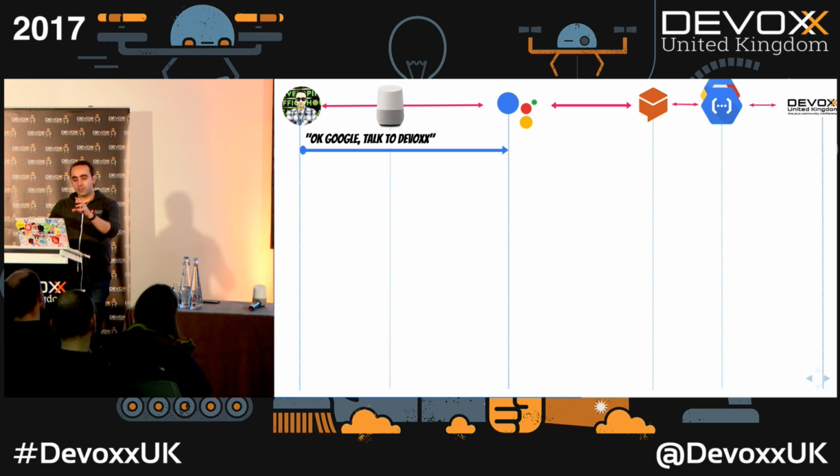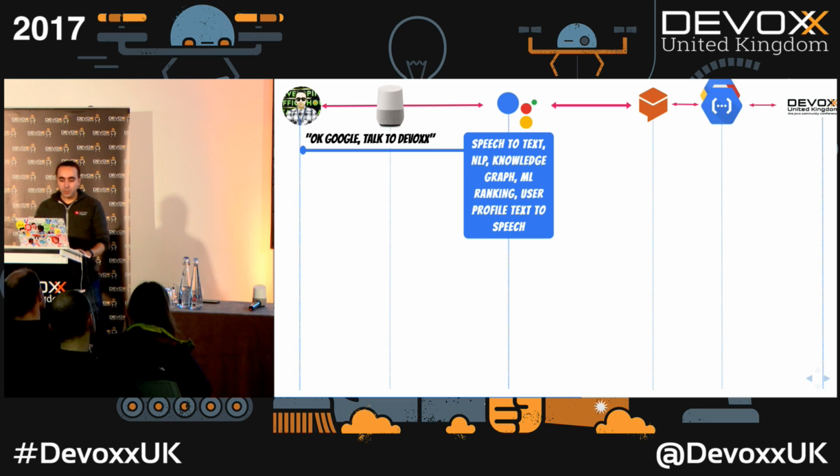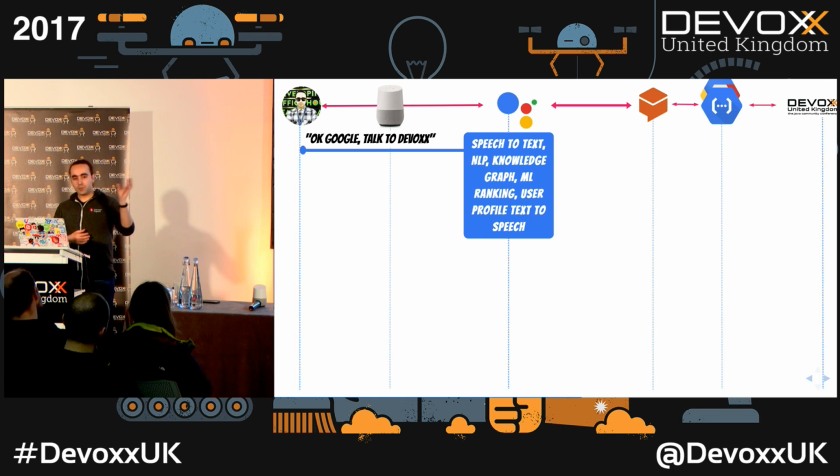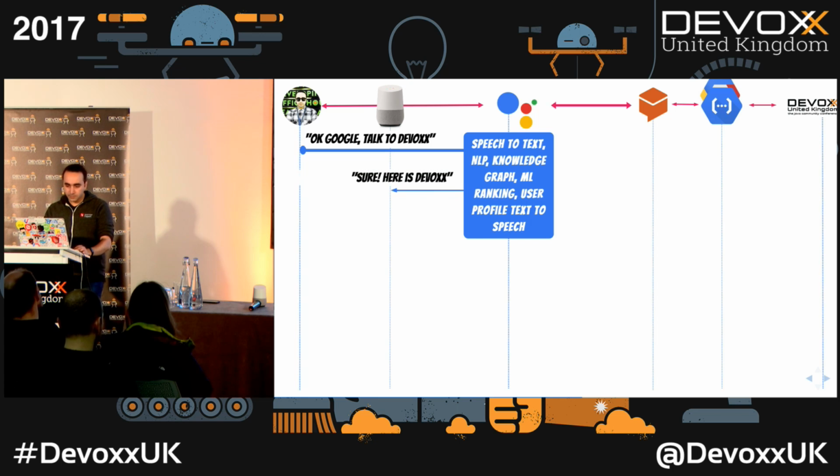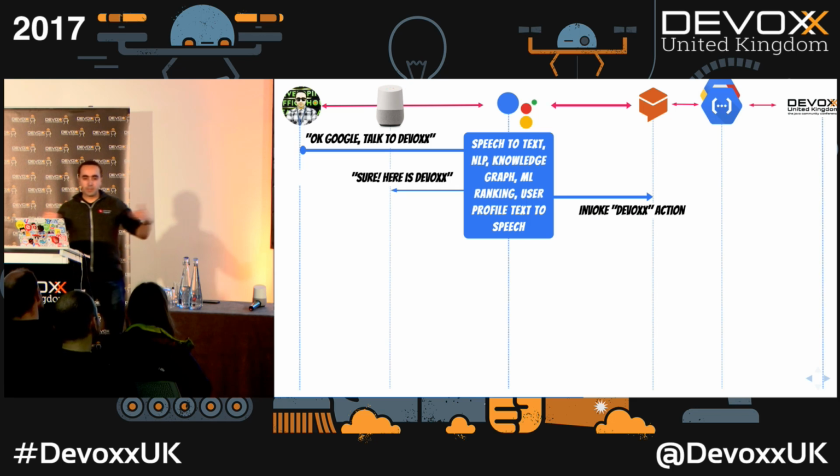Then this goes through the device and interacts with Google Action, which is these four circles, responsible for understanding the speech, transforming it to text, running all the analysis on the text, then responding and at the same time sending that text to API.AI.